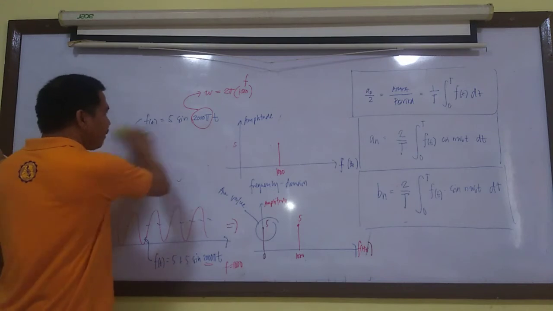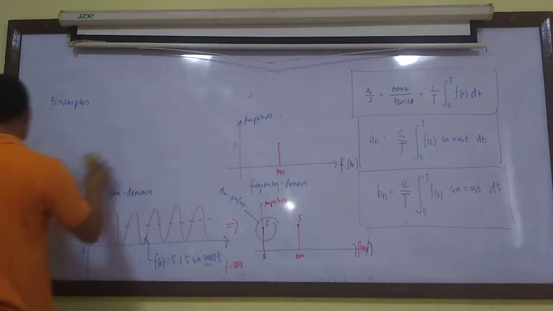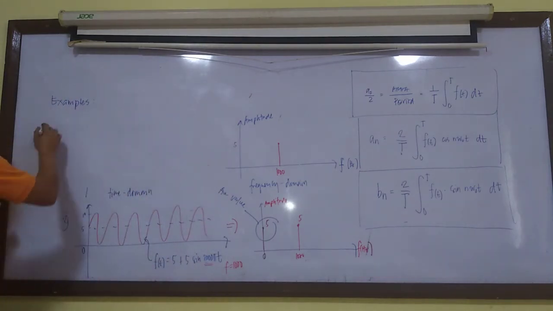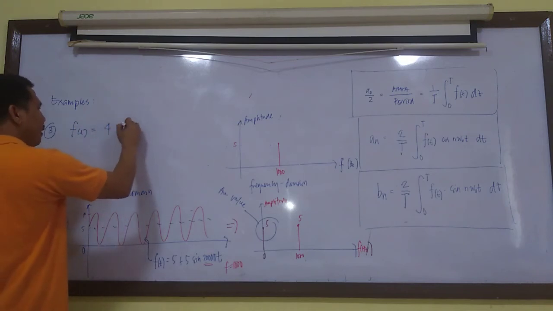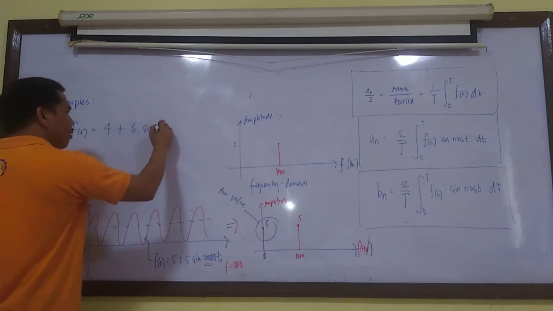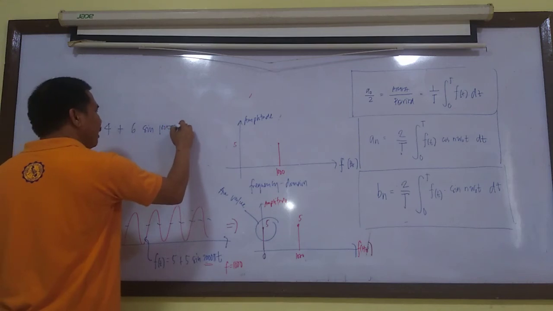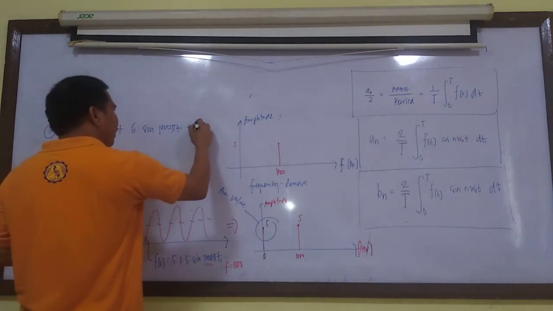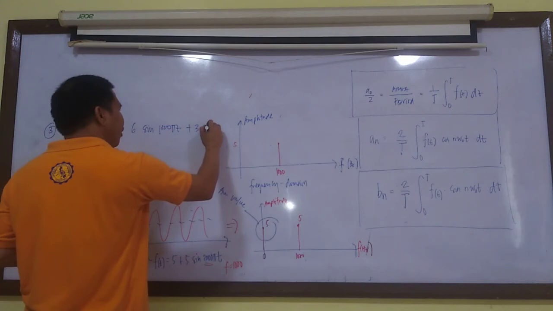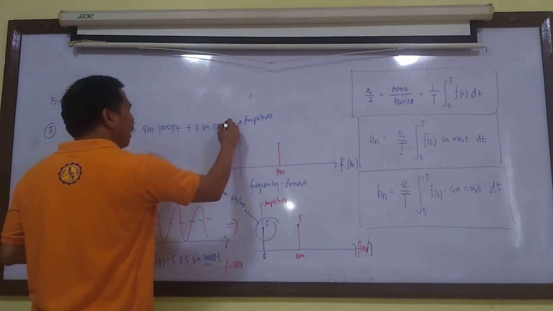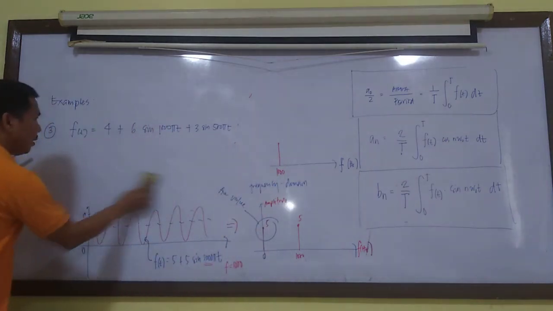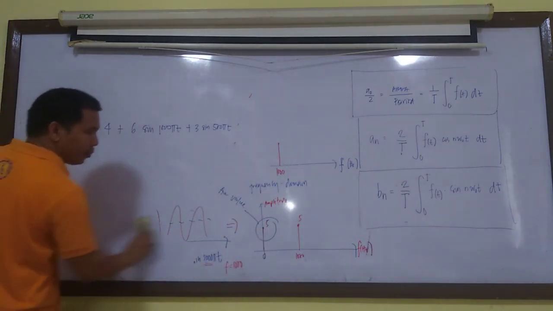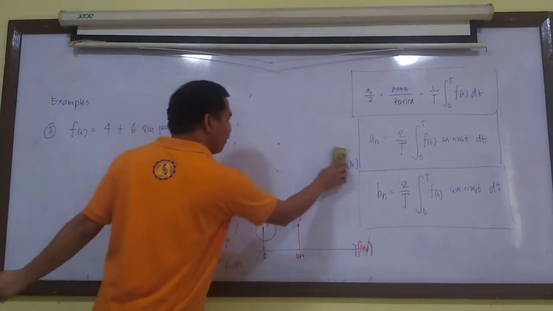Alright, now let's have another one. This time I will be using multiple frequencies. So let's label this as number 3. Let's say I have the function of t equals 4 plus 6 sine of 1000 pi t plus 3 times sine of 500 pi t. Now we are going to translate that to your frequency domain.